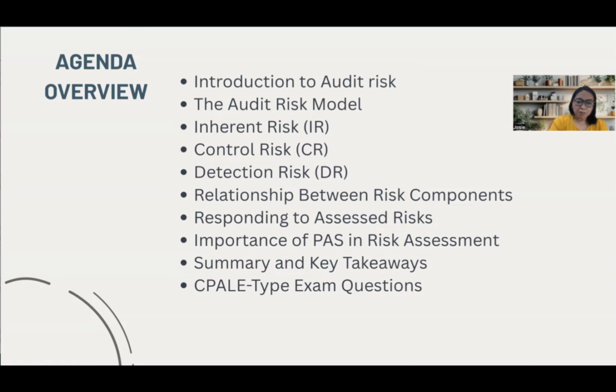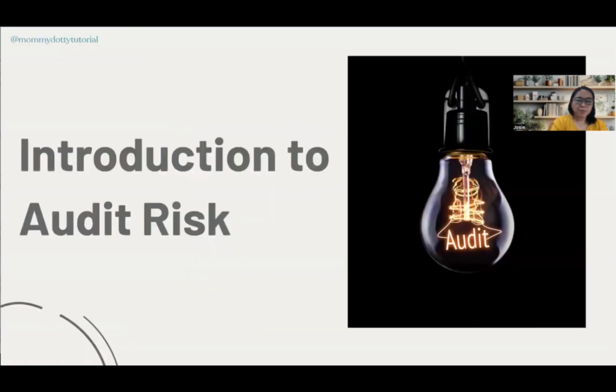So this is in the Philippines. Throughout our discussion, we're going to talk about PAS. That's your primary guide. And then at the end, we're going to wrap up with a summary and key takeaways, and we're going to answer some CPALE-type exam questions. So if you're ready, then let's start.